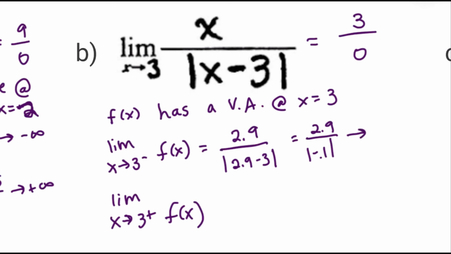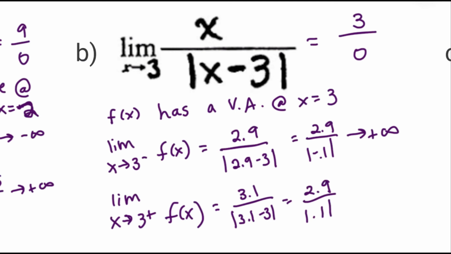So this is going to positive infinity. So pay attention to those absolute values. And then the limit as x approaches 3 from the right means we need a number slightly bigger. This is also going to positive infinity.